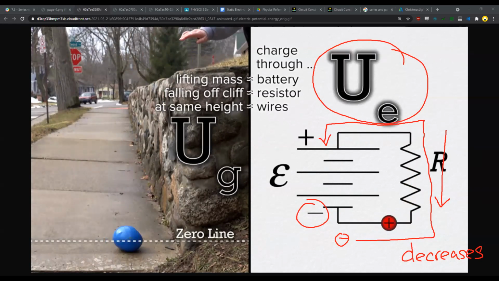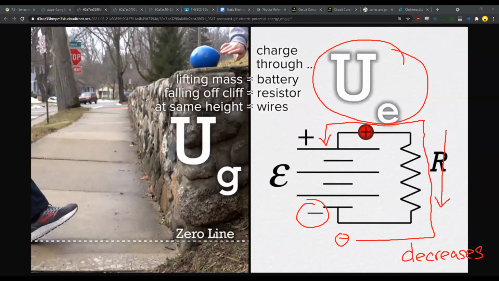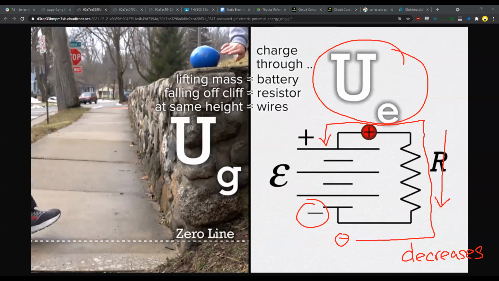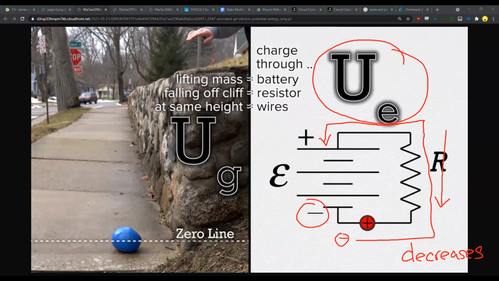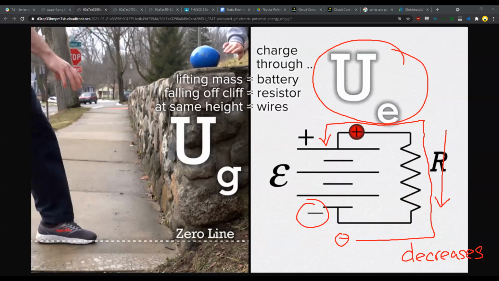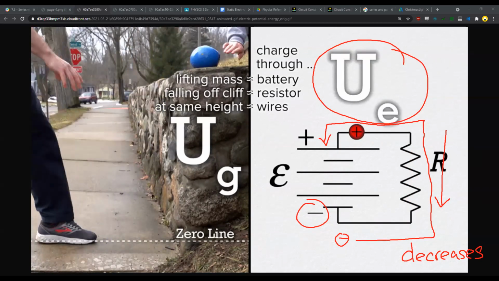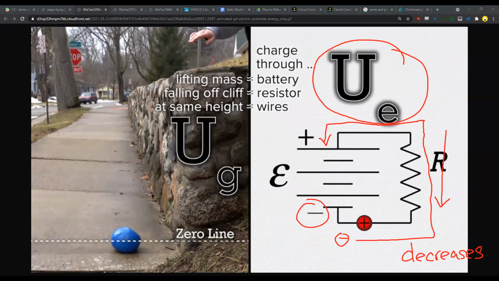But what provides the potential difference in the first place? What provides this potential energy?